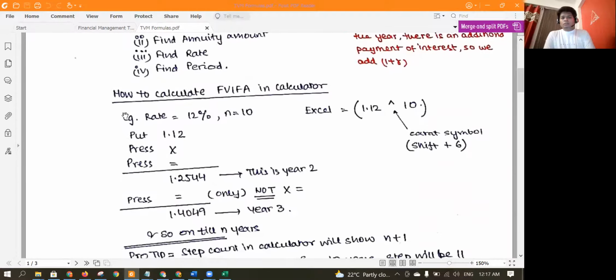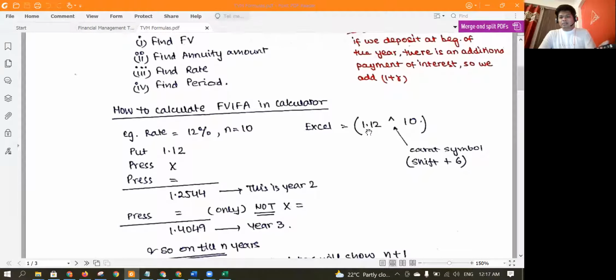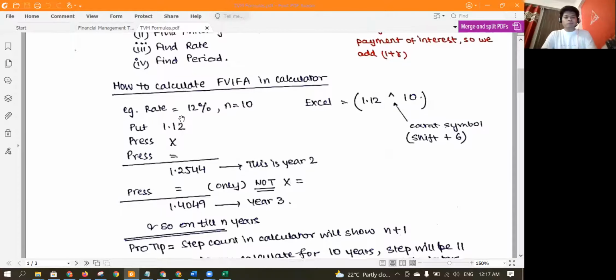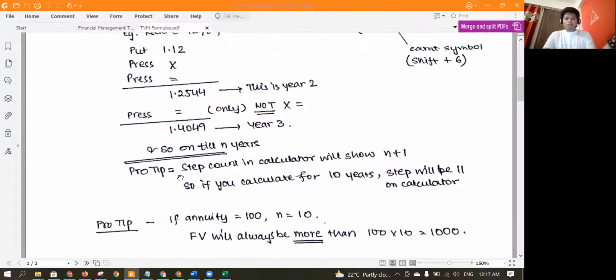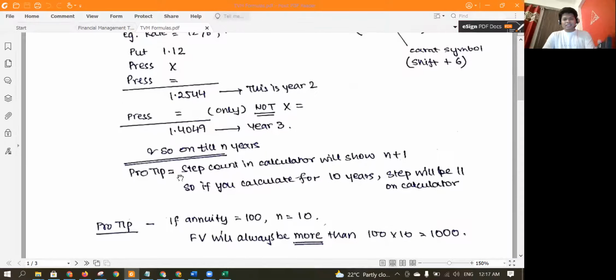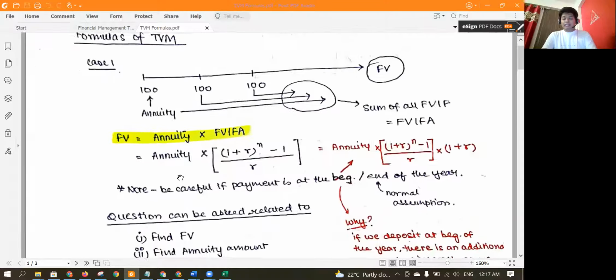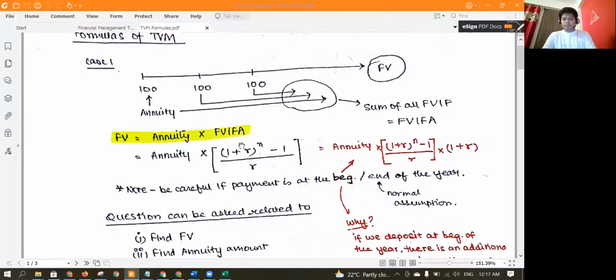How to calculate the factor in the calculator? In Excel, it's really easy, you can just put this thing. But in the calculator, it's the same thing that I showed you. Just like we were doing in case number 3 and 4, you just calculate this part.